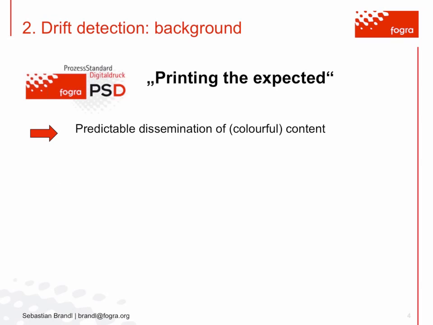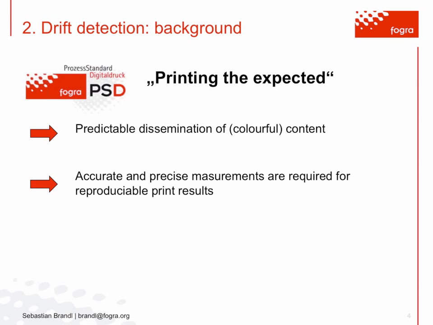In order to do so, we see that the predictable dissemination of colorful content requires color measurements, because you can distribute and print colorful content, but if it should be predictable, that means based on what the creator sees on his or her soft proof, validation print or contract proof, you need to use color measurements. And as I said, accurate and precise measurements are required for reproducible print results.